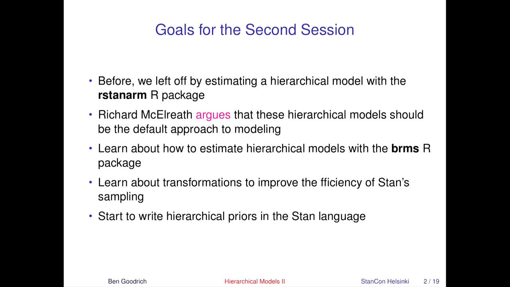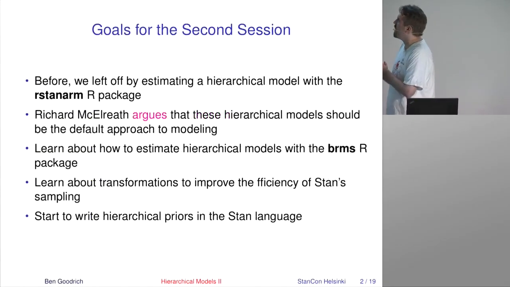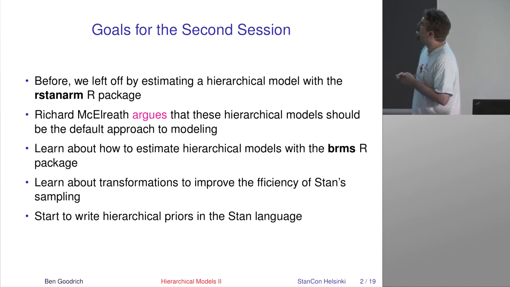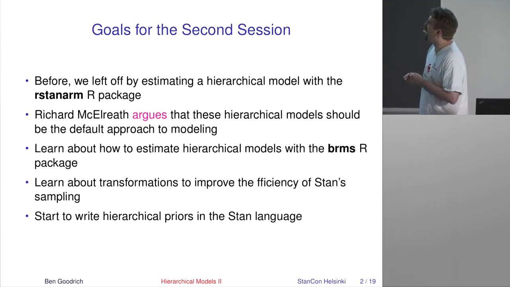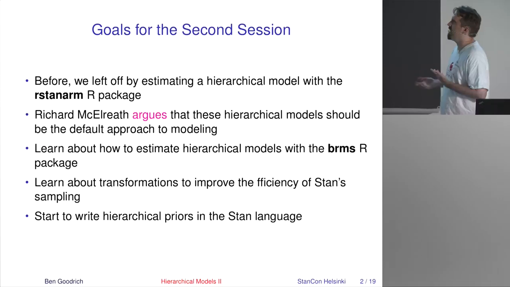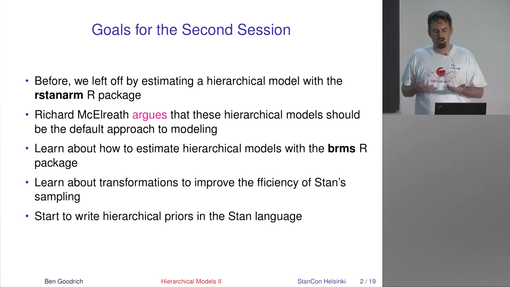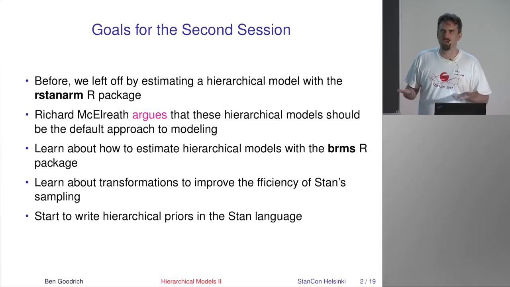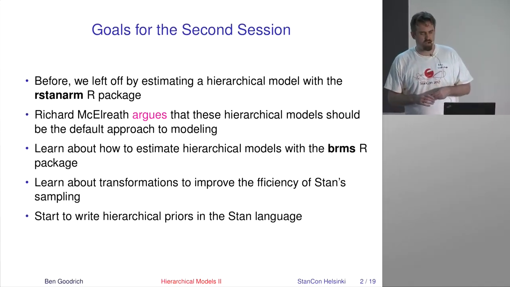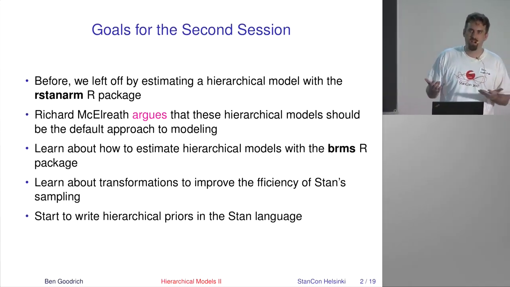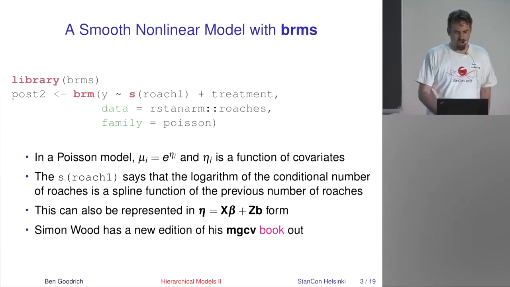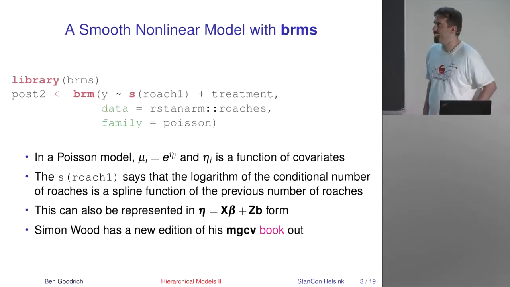And then towards the middle and towards the end, we want to start to learn about some transformations that you can do to improve the efficiency of the way Stan can sample from these hierarchical models, and build ourselves up to where we can start to specify some of these hierarchical structures ourselves in the Stan language when writing a Stan program.